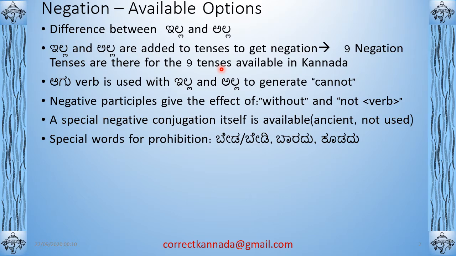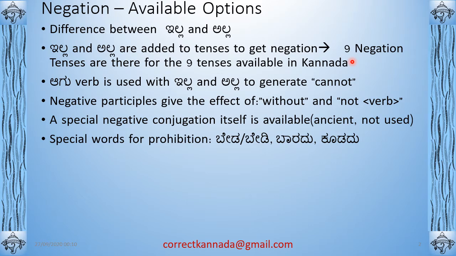So if you take simple present, there is only one negation for simple present, whether it's masculine, feminine, singular, plural, neuter gender, everything, it's the same suffix. So that's what I mean by 9 negation tenses, mapping to the 9 different tenses in Kannada. Just a refresher, the 9 tenses in Kannada are simple present tense, simple past tense, and simple future tense.